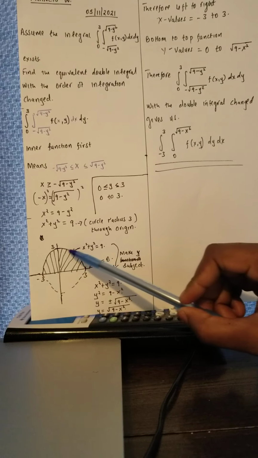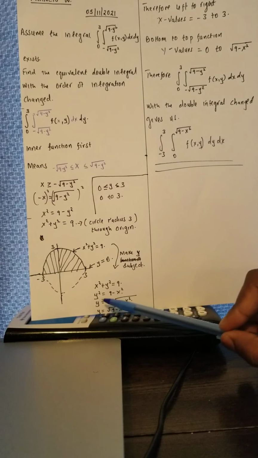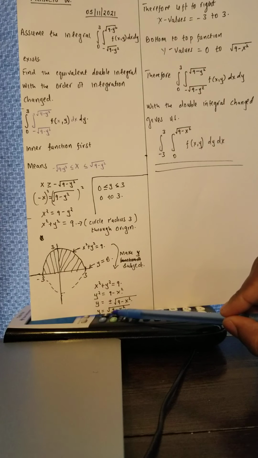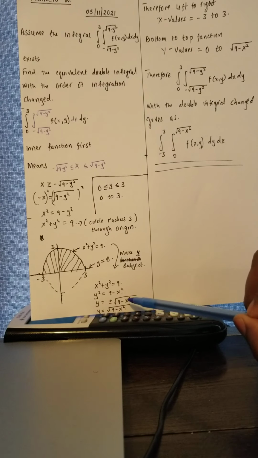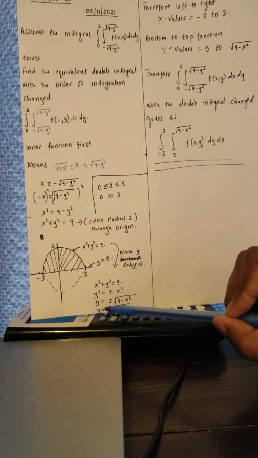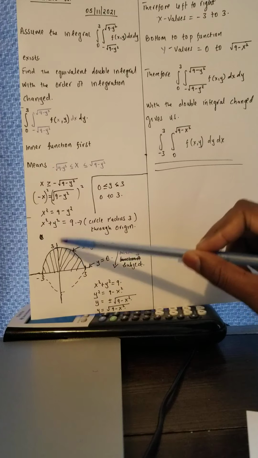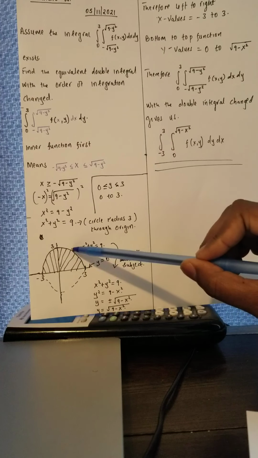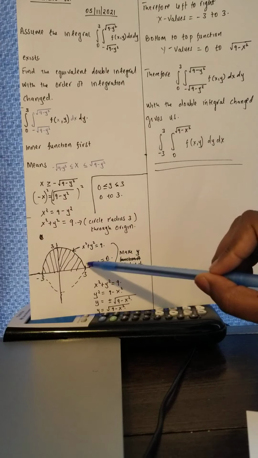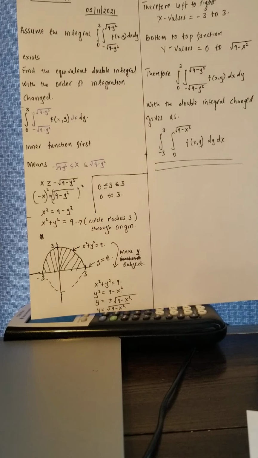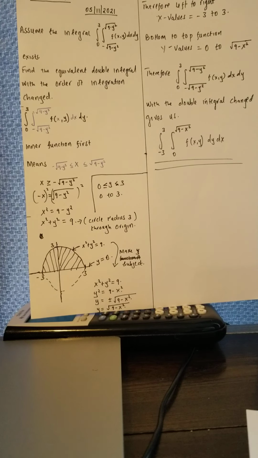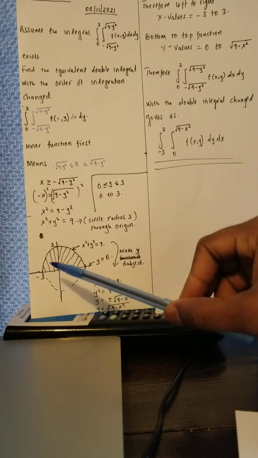We get y equals plus or minus the square root of 9 minus x squared, but we are only interested in the positive y values. So the equation of this curve at the top is y equals the square root of 9 minus x squared.